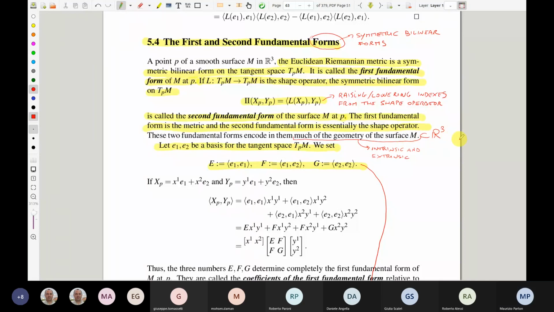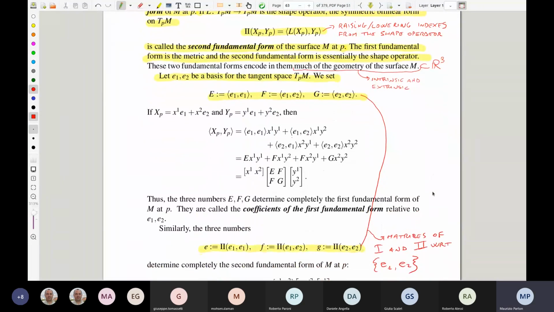Because the two fundamental forms encode much of the geometry for what we have said, both intrinsic and extrinsic, because the first one is intrinsic, the second one is extrinsic. Okay, so we need to be more precise and state that we are looking at the global picture of the embedding.